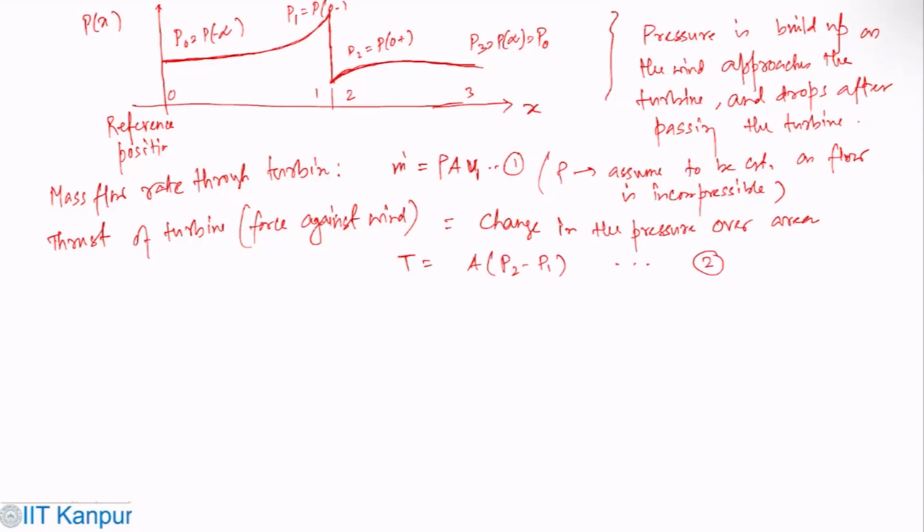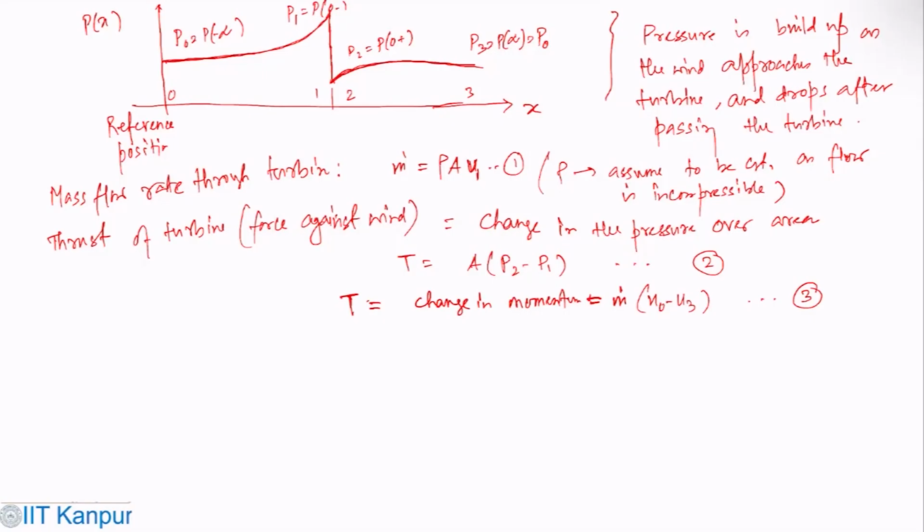Equivalently, we can write the change in momentum, m dot times U0 minus U3. So this is our equation number 3.